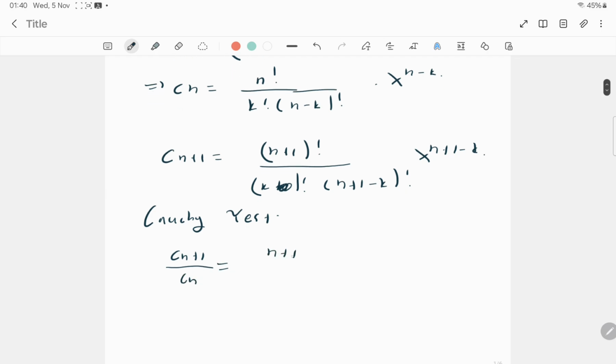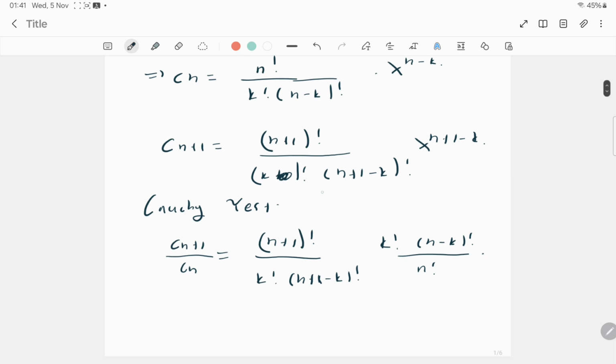That's going to be n plus 1 factorial over k factorial n plus 1 minus k factorial. We divide by Cn, so it's going to be k factorial n minus k factorial over n factorial times x to the power of n plus 1 minus k over x to the power of n minus k.